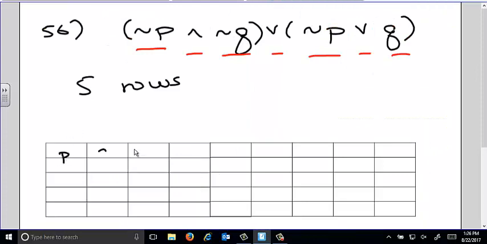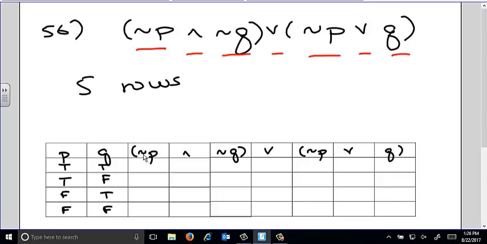P, Q. Just writing out this logic statement. Okay, first 2 columns. Same, true, true, false, false. True, false, true, false.